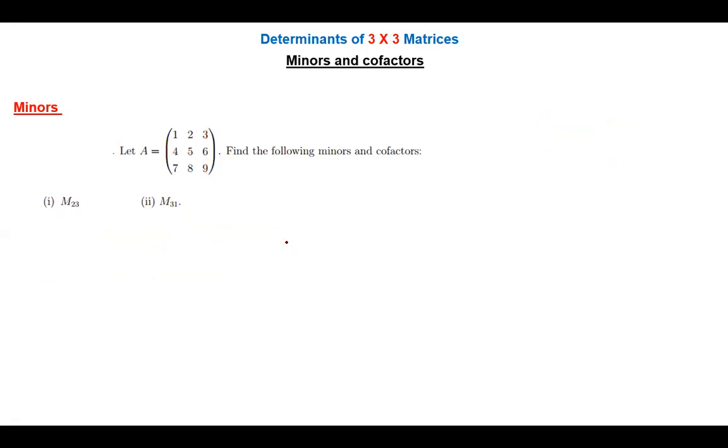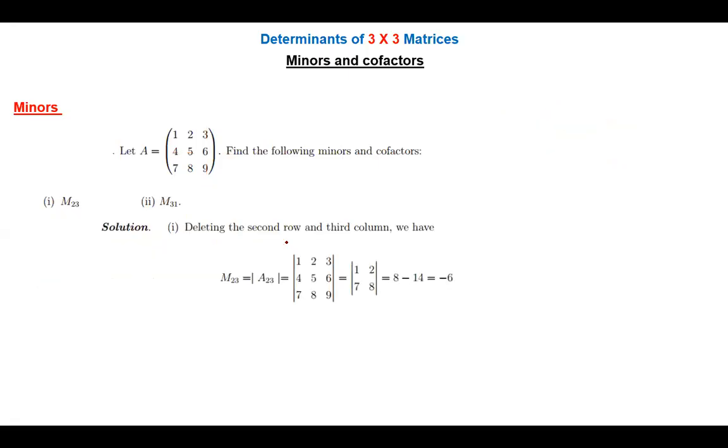I hope it's clear. So you delete the second row and the third column, and then you get your answer to be negative 6, and then this negative 6, you multiply it with the negative there, you get your cofactor.